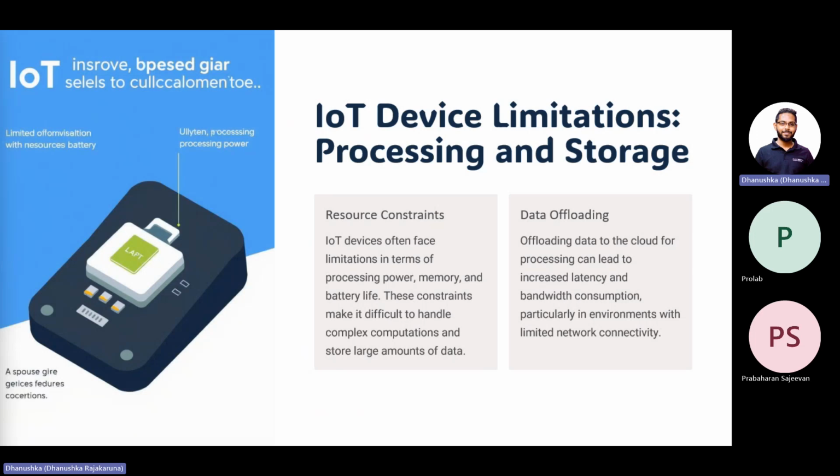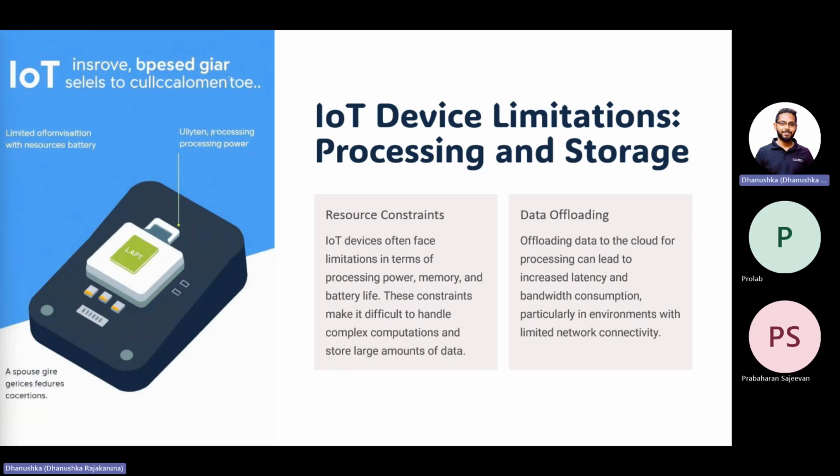Use renewable energy sources like solar panels for energy harvesting. Then AI at the edge: deploy lightweight AI models optimized for IoT devices like TinyML and TensorFlow Lite. Perform basic inference locally while offloading complex tasks to the cloud.